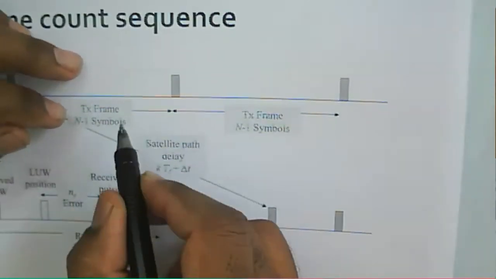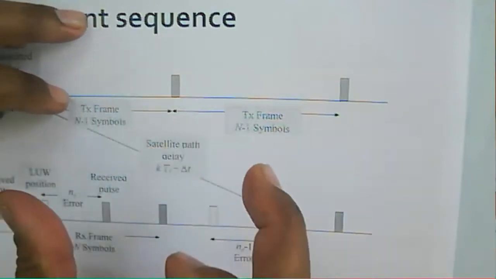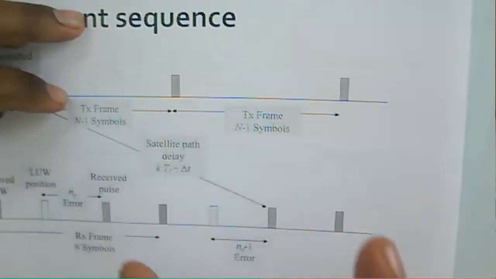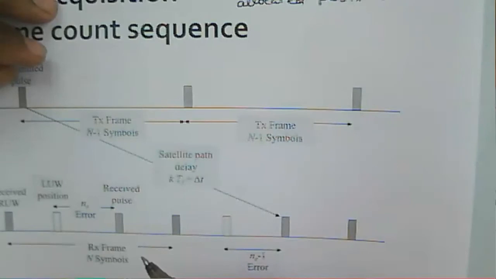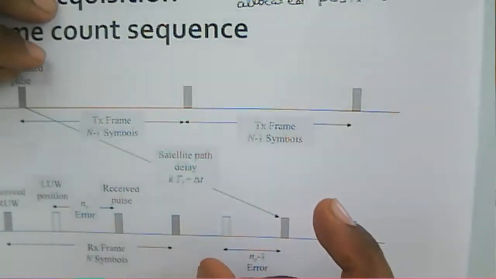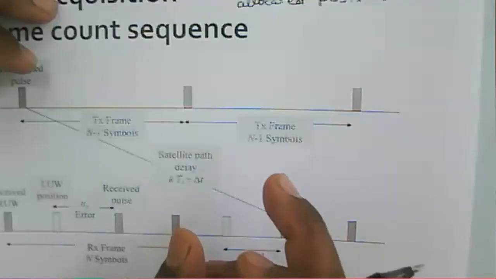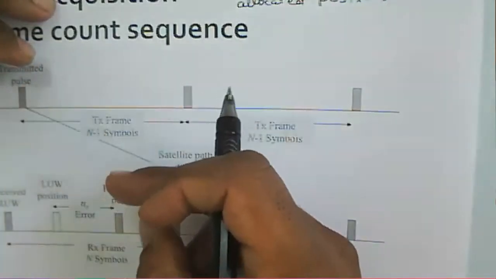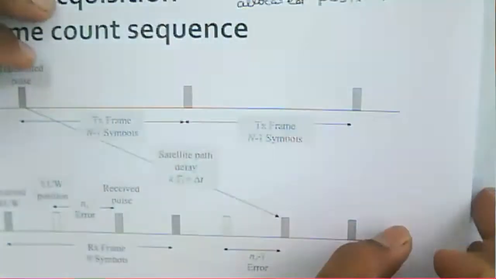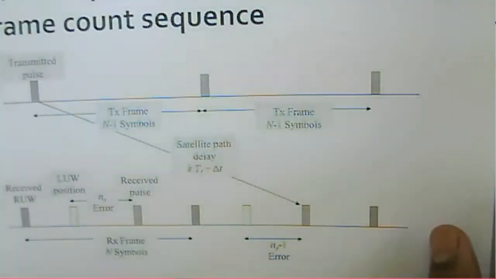So in that initial acquisition phase, the allocated time slot in that particular frame is there. When the Earth station transmits the data to the satellite, we need to transmit some particular pulse, and then we can find out the position or location of that pulse.